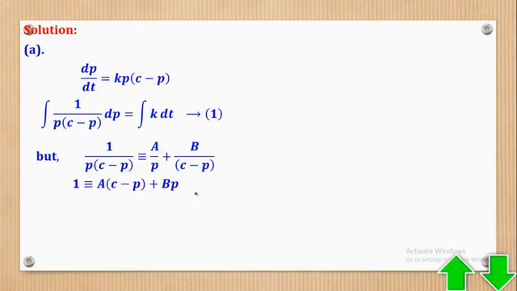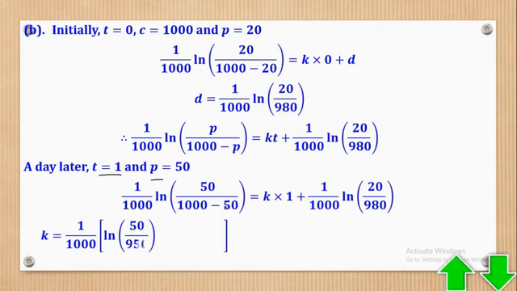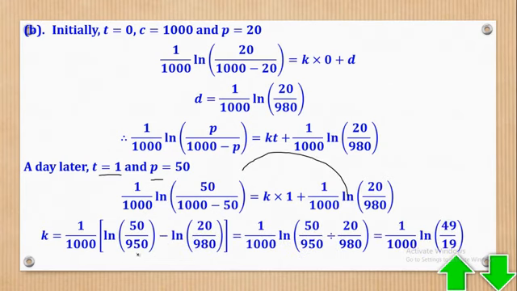So the equation now becomes that. Then a day later, t is equal to 1 and p is equal to 50. So I'll come and substitute for t and p to come up with that. Therefore, when I make k the subject, k will be equal to, that means that you take this one this side to come up with this, then this minus this, the same as this division, and this simplified gives you 49 over 19.